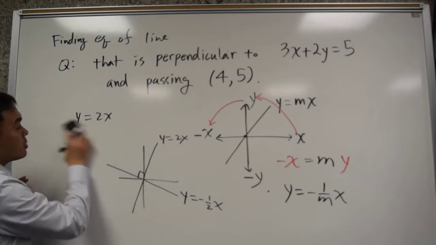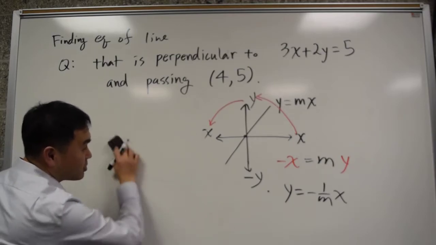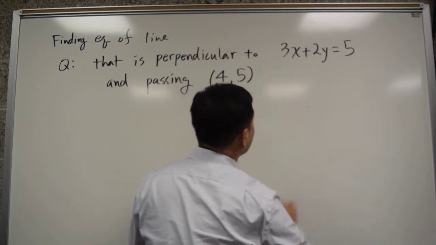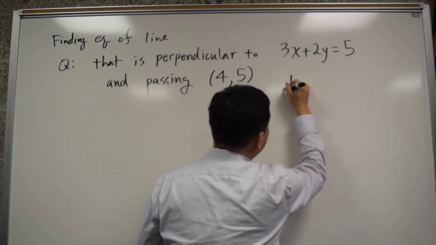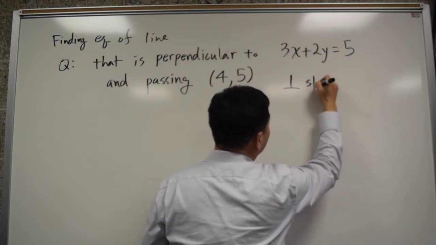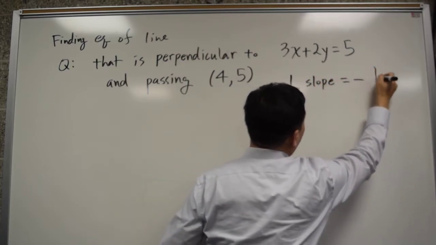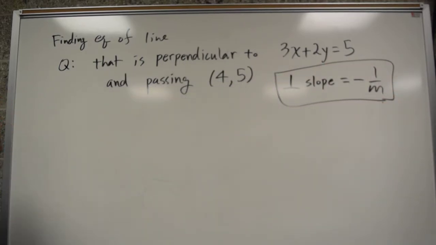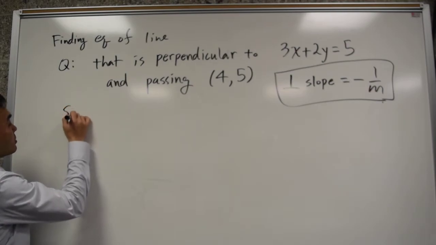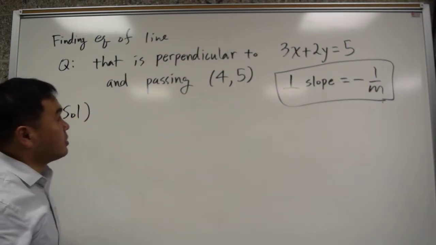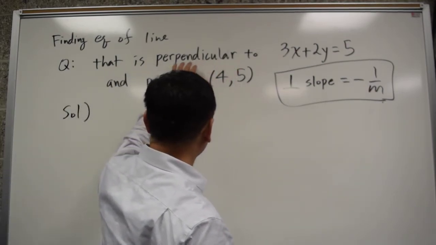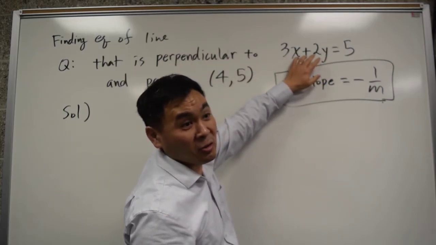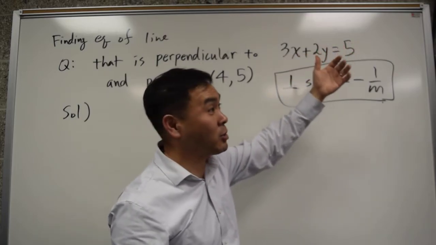All right. Knowing that's true, let me write down that formula over here. Perpendicular is this sign. Slope is negative 1 over m. All right? Now let's solve. Since you want a perpendicular slope from this one, we actually have to figure out the slope of this, or else we can't figure out the slope we need.